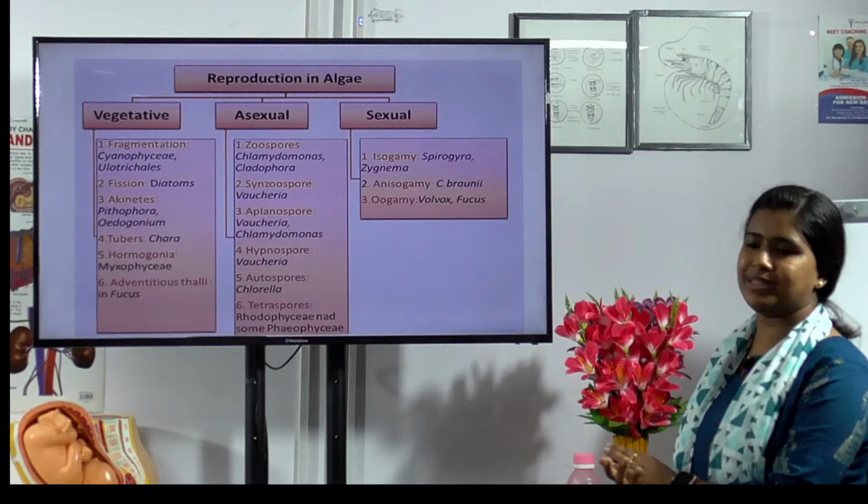And the next class is Rhodophyceae, and this is based upon the red color. Because of the red color, this name came. They are mostly multicellular, and the cell wall contains cellulose and a pectose layer and also certain mucopolysaccharides. What are mucopolysaccharides? Polysaccharides means many sugar content.